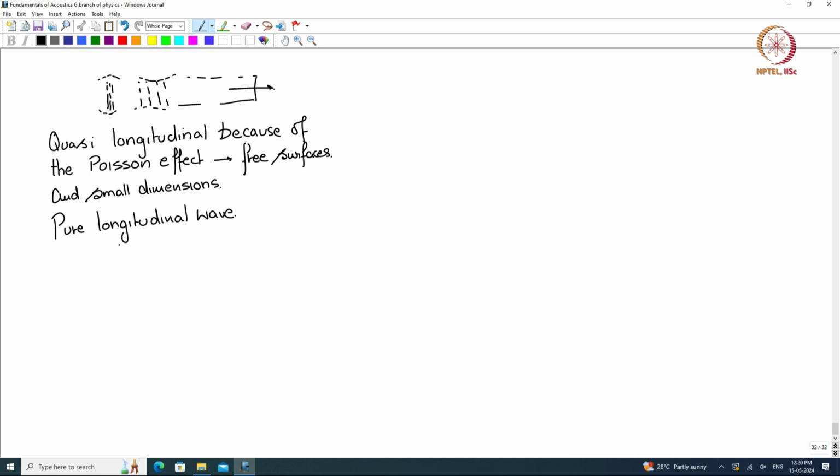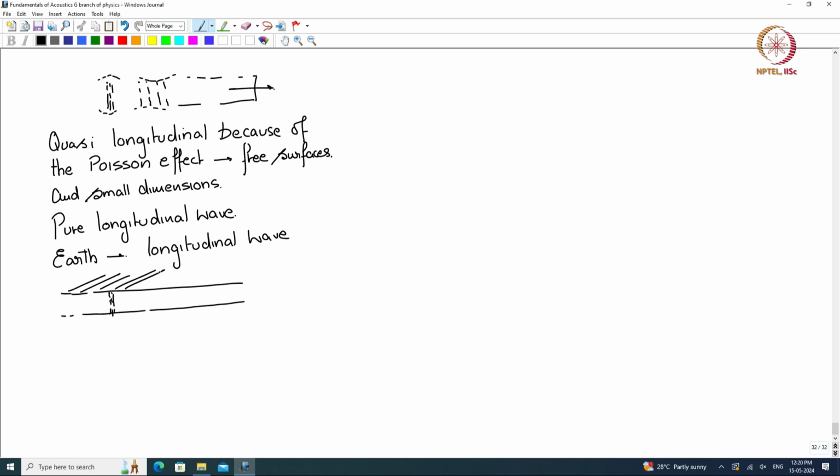If you have a huge amount of material like earth for example, and somewhere deep within, let us say there is a longitudinal wave propagating, then if in some localized region there is a local compression, there is a huge amount of earth material above it and below it.